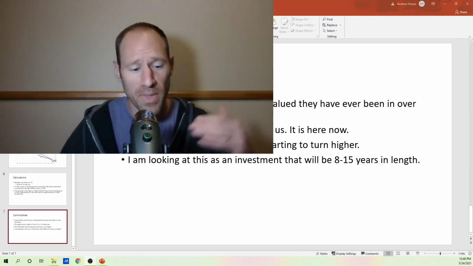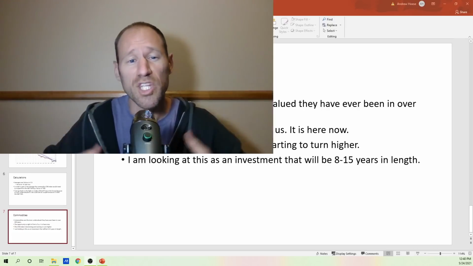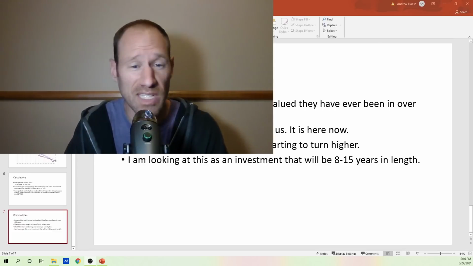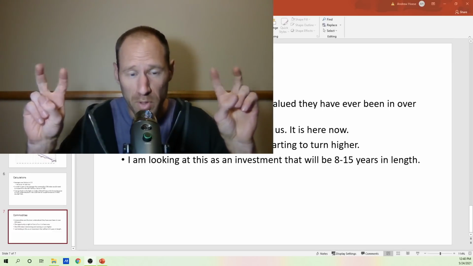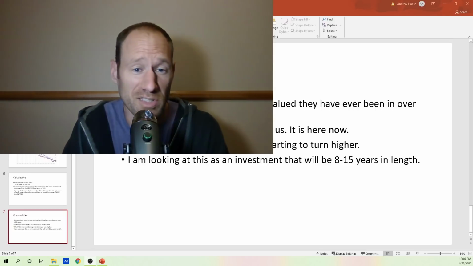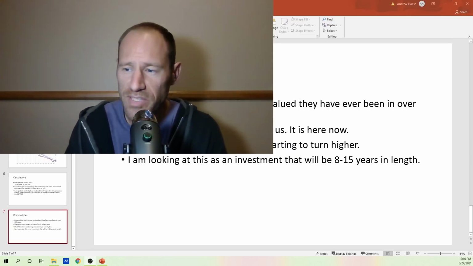So you can go up 10% in an asset, but if all the other assets go up 40%, you can't buy more of those other assets. So you lost purchasing power gains, even though you made a quote paper gain in the dollar measuring stick, fiat currency measuring stick. So this is what we're looking at.